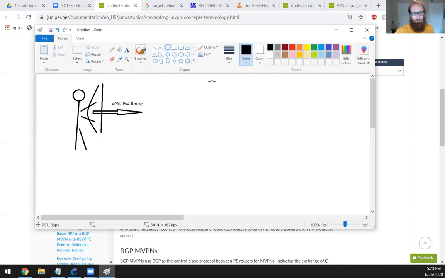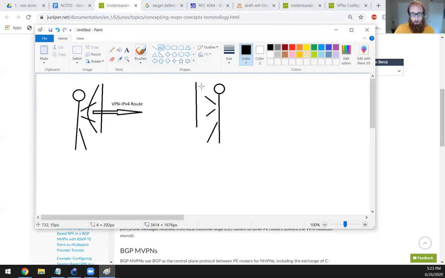And I think what you're going to have, the way I understand it now, is another archer with another bow, and the bow is going to be BGP because that's how these routes are launched out.